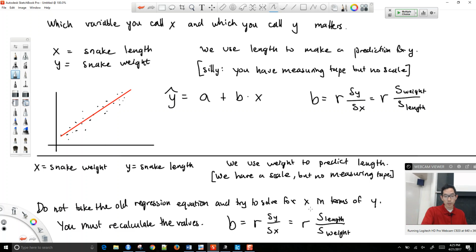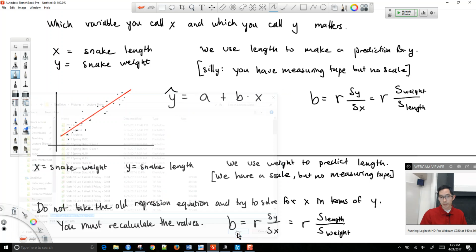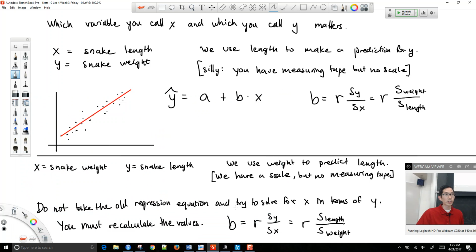If you just tried to solve for one over the other, you'd get 1 over this thing, which is different from what you have over here. So when you swap the variables, it changes the meaning of what you're predicting, and you cannot just solve for one in terms of the other. You have to recalculate everything.